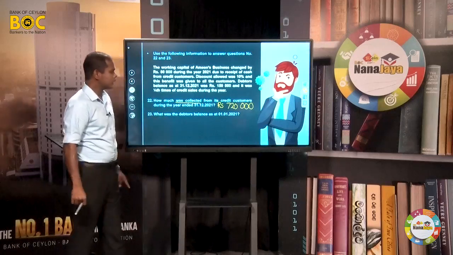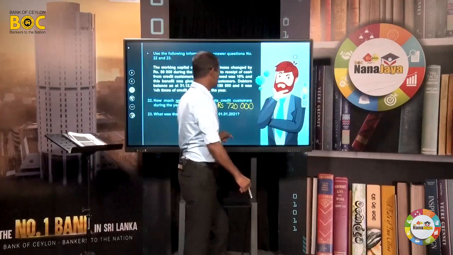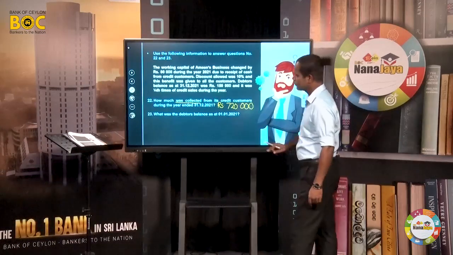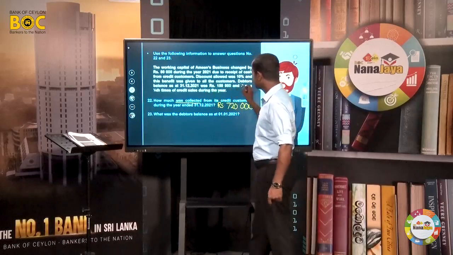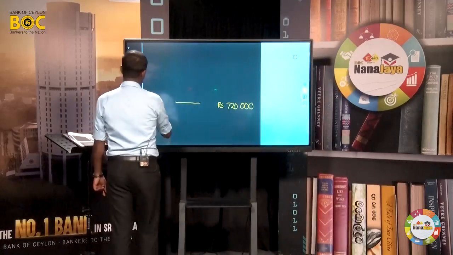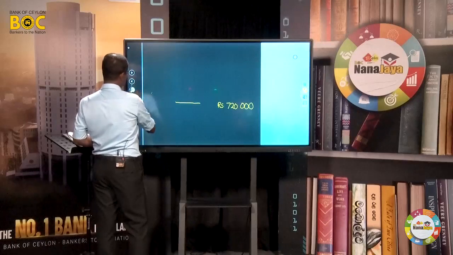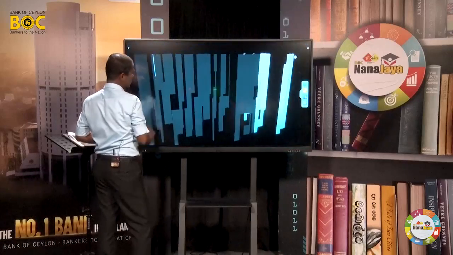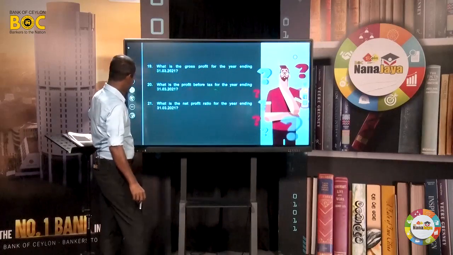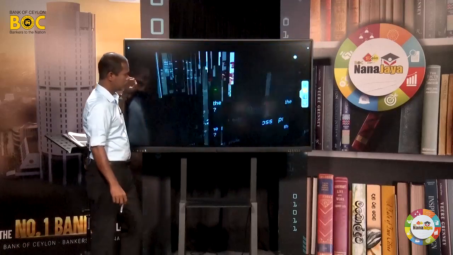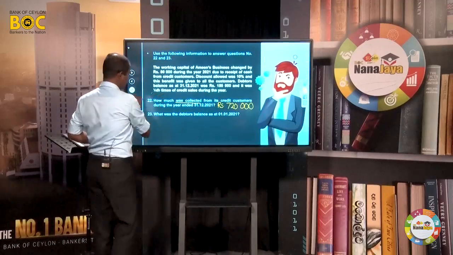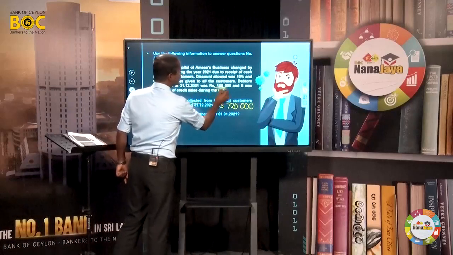What was the debtors balance as at 1st January? Debtors opening balance. And here it says debtors closing date balance. The debtors closing balance is given: you have 150,000 closing debtors balance.